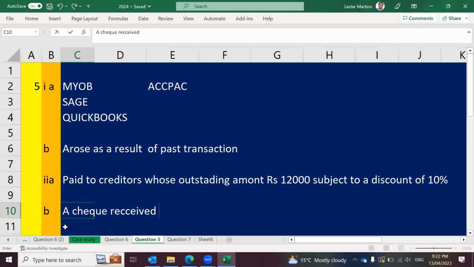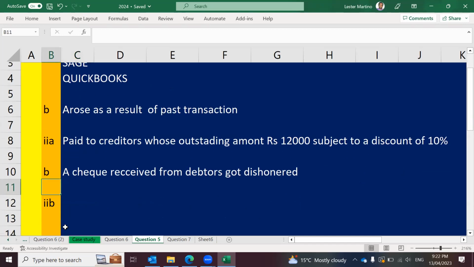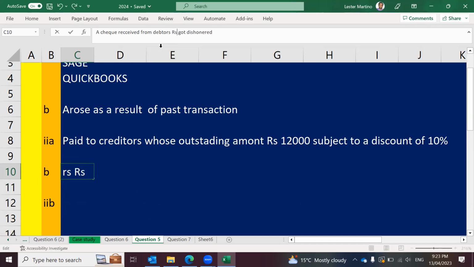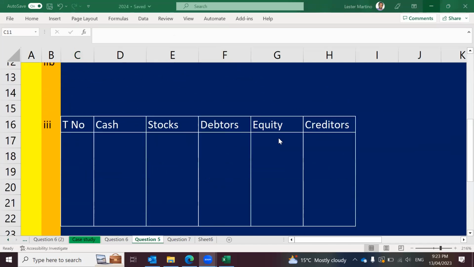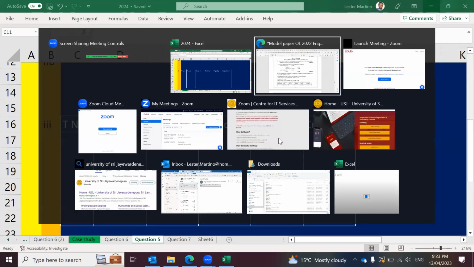Check received from debtors got dishonored. Got dishonored. 10,000. Right.